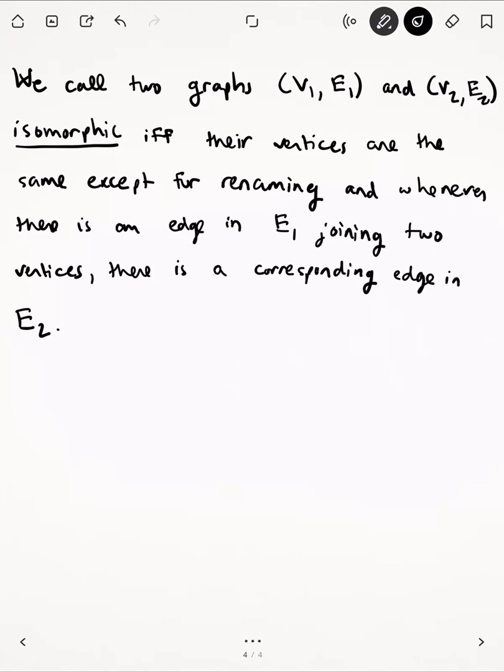So now let's look at an example. The following graphs are isomorphic. So these are isomorphic. So B, A, C, D, okay?